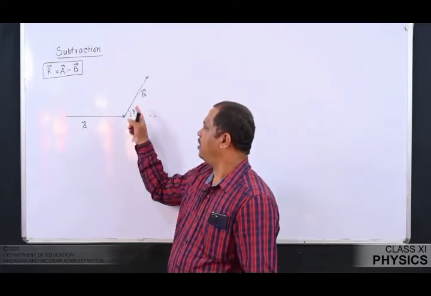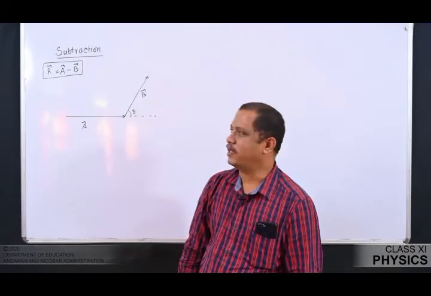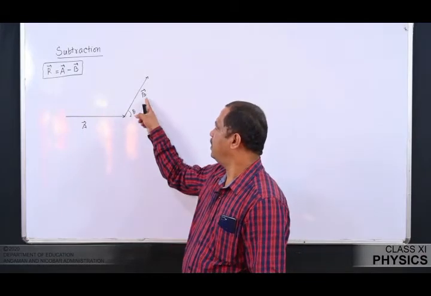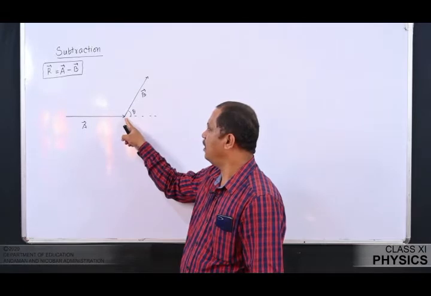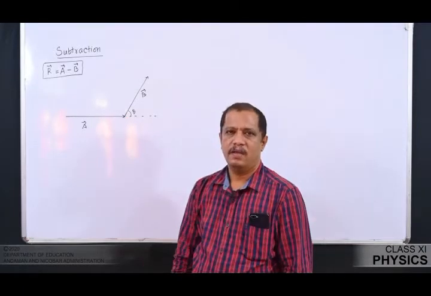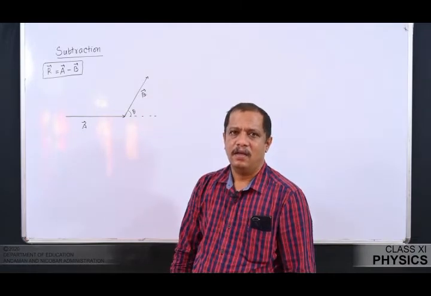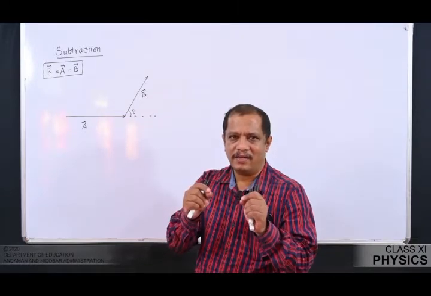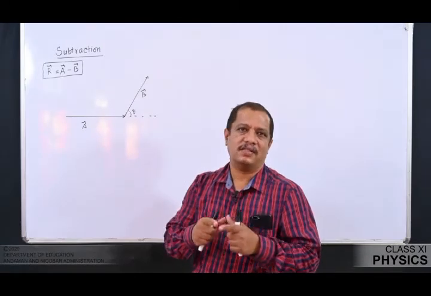Now the diagram that I have drawn on the board follows the rules for addition of two vectors, because the tail of B is coinciding on the head of A. But we have already studied the definition of negative vectors. A negative vector is a vector that has equal magnitude but direction exactly opposite.